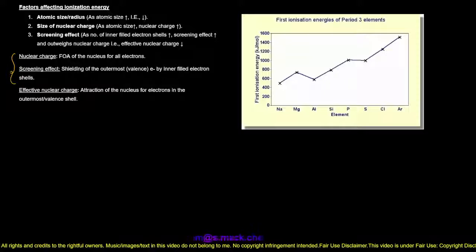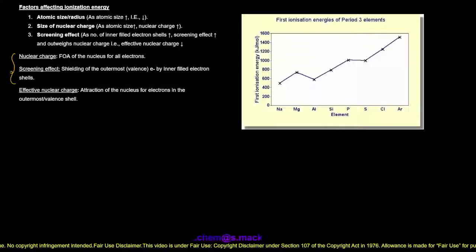We're going to go back up and look at our three factors and how they affect ionization energy. And in looking at my three factors, I will explain in a little more detail how they impact ionization energy. So let's start with atomic size or atomic radius.